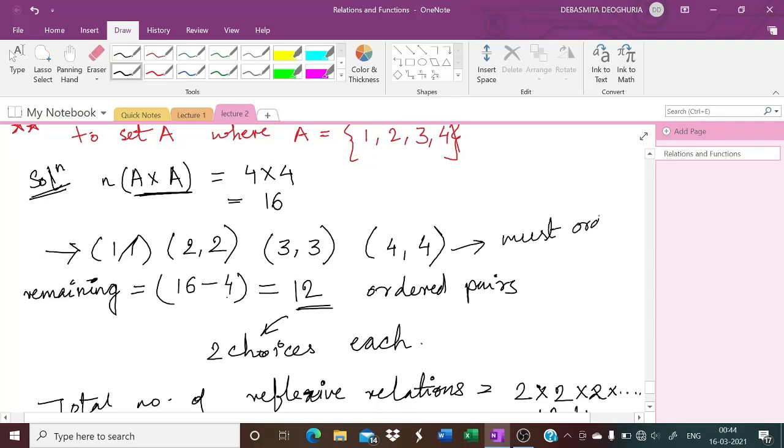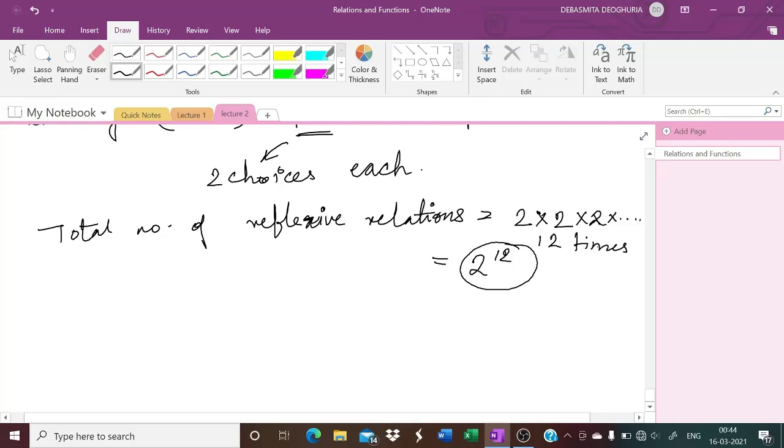These 4 ordered pairs must be present in this relation. Leaving these 4, the remaining 12 ordered pairs have two choices each. Either they can be there in the relation or they may not. So your total number of reflexive relations would be 2 to the power 12. Okay, this is your answer.